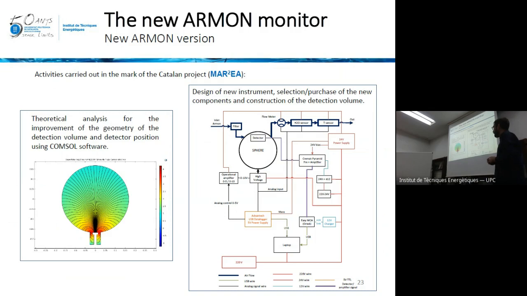And also the structure of the instrument was designed, the position of every piece of equipment, and how we could control all the sensors and the high voltage of the instrument.